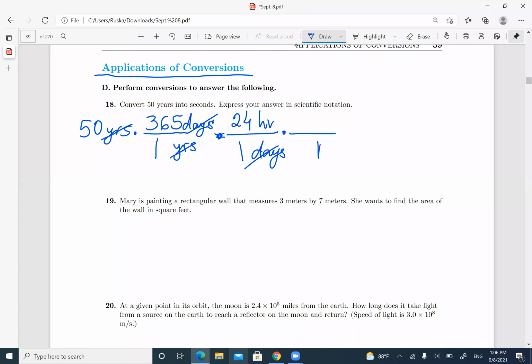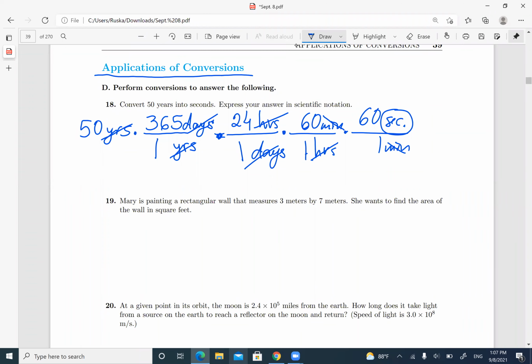Then we change the hours: 1 hour is 60 minutes, right? And then we change the minutes: 1 minute has 60 seconds. Hour and hour cancel, minute and minute cancel, and my answer is going to be in seconds.